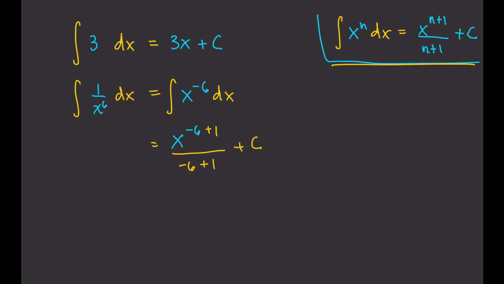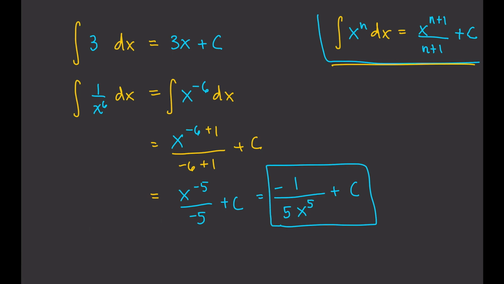Okay, and so that will be x to the power of negative 5 divided by negative 5 plus c, which we can write as negative 1 over 5 x to the power of 5 plus c. And this will be your general antiderivative.